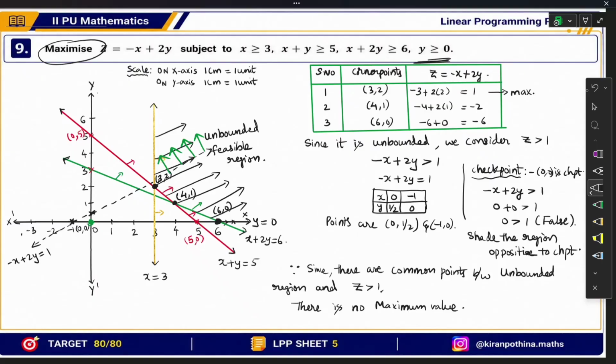In that unbounded region also, two types of questions I selected. First one is unbounded and having minimum value. Next one, unbounded but not having maximum value. So what are the differences between when we'll get maximum, when we'll get not maximum? You can understand by watching all these LPP series and watch further videos also.